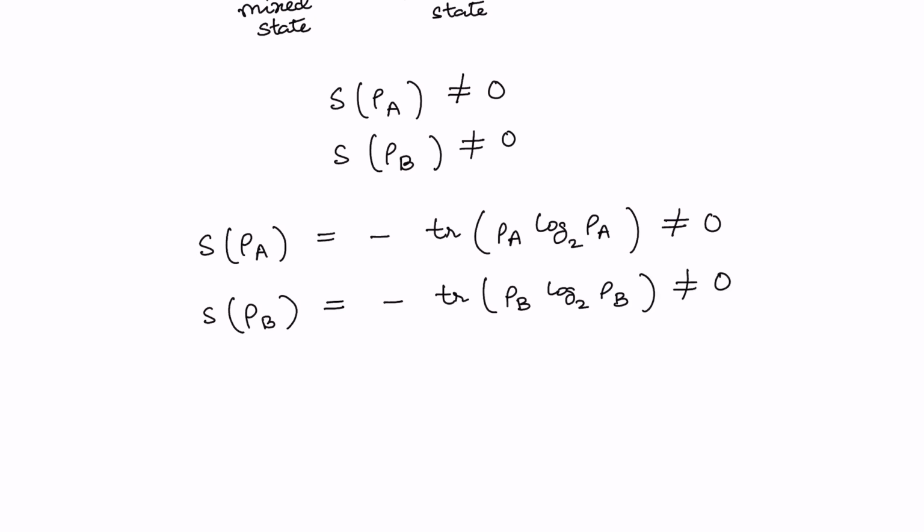So we find that if the von Neumann entropy of the subsystems is non-zero, then subsystems A and B are entangled.